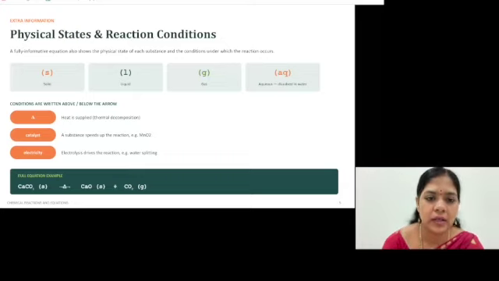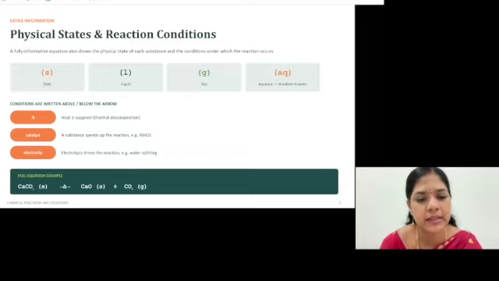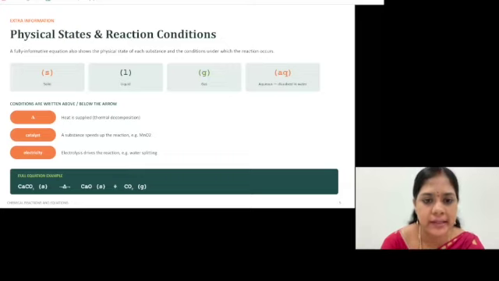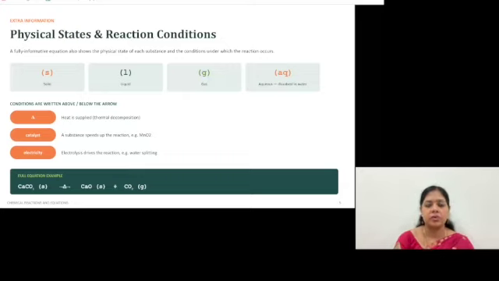Suppose we look at the reaction, CaCO3 is a solid. When heated, it gives CaO and CO2 as gas. CaO is a solid and CO2 is a gas. So this whole reaction can be represented in the form of a chemical equation. We need to also mention the state of the reactants and products.